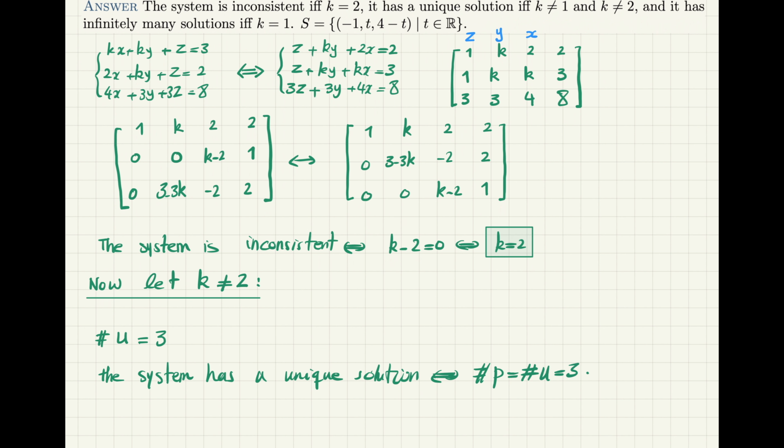So this happens if and only if k is not equal to 2, because I am solving this under this consideration, and on top of that, 3 minus 3k is not equal to 0. So this is actually equivalent to saying that k is not equal to 1 and k is not equal to 2.